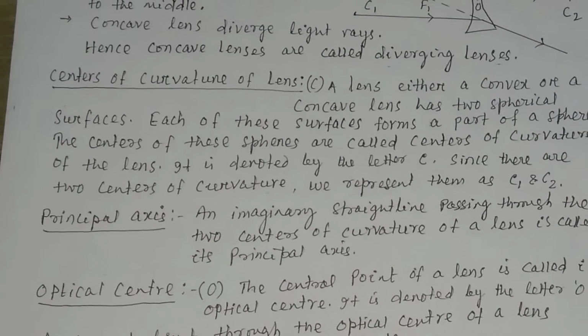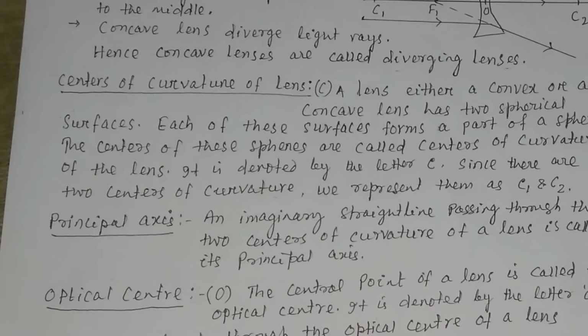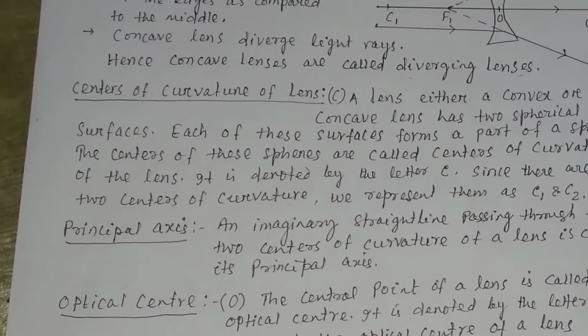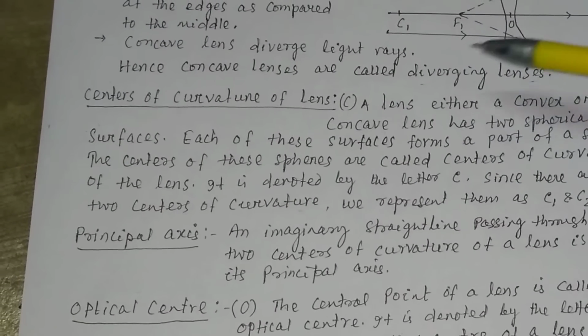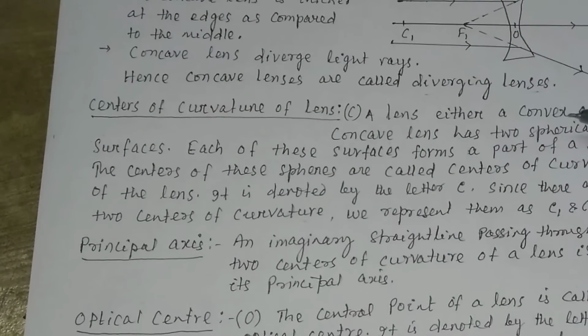Now let us learn some terms related to concave and convex lens. The first term is the center of curvature of a lens, or C. A lens, either convex or concave, has two spherical surfaces.